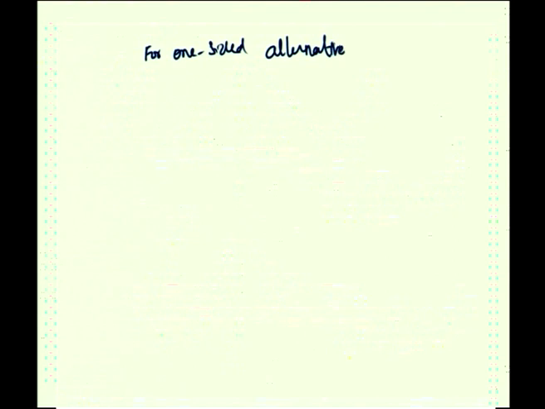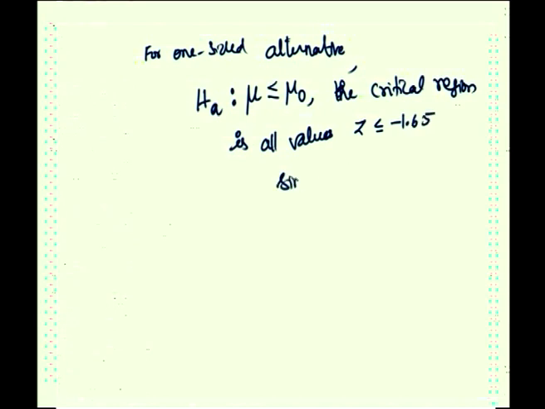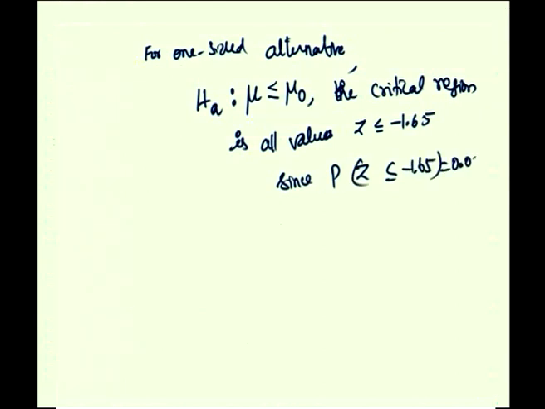For one-sided alternative HA, sometimes alternative hypothesis instead of H1, HA is also represented. Mu is less than or equal to mu naught, then the critical region is all values z less than or equal to minus 1.65. Since you are having probability of z less than or equal to minus 1.65 is equal to 0.05.